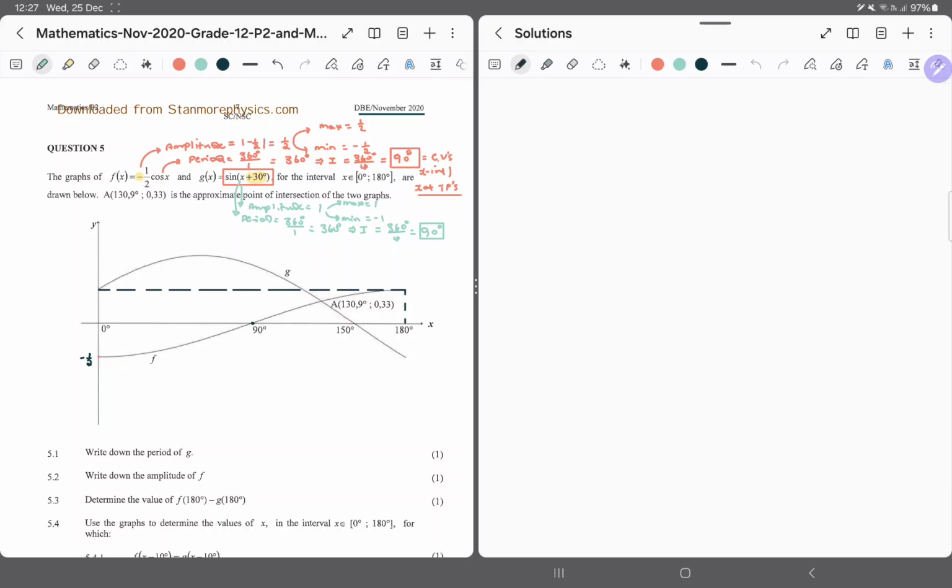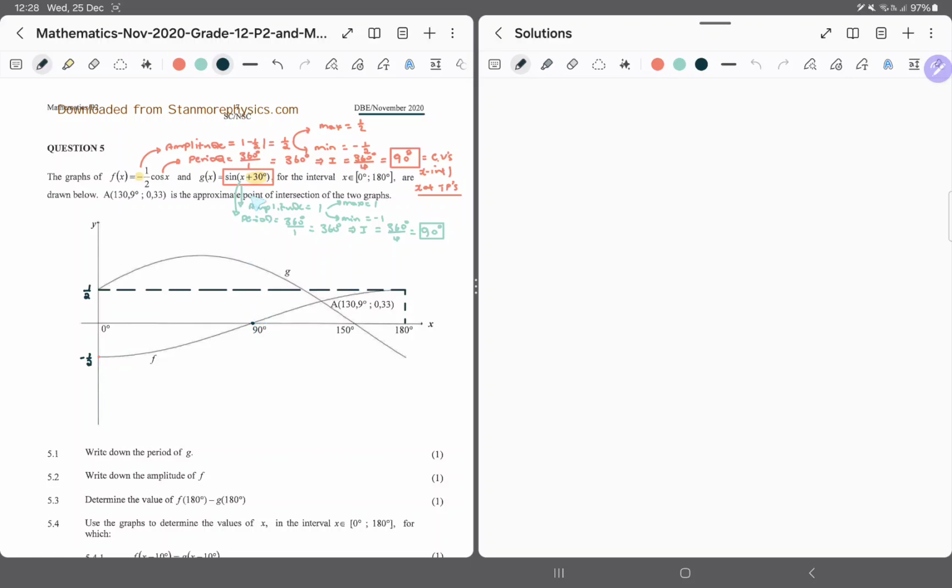Now let's have a look. If we look at this graph of sine, we know that at the intercept, it's just sine of 30, because this is 0. So this is going to be a half, which we saw was a maximum of the previous function. But now this is just a y-intercept. Don't really care about it much. We want the critical values. We expect a sine graph to be 1 at 90 degrees, right?